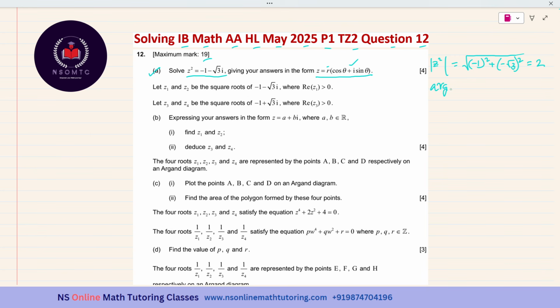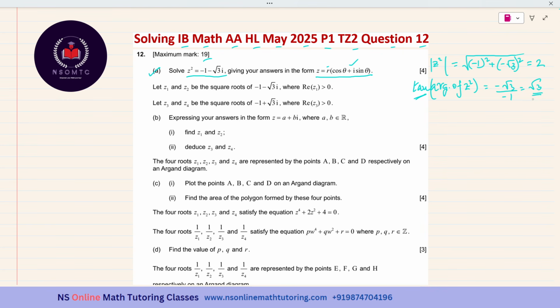Okay, and for the argument, tan of the argument of z squared will be equal to negative root 3 over negative 1, which is equal to root 3. Now, tan is positive in the first and the third quadrants.